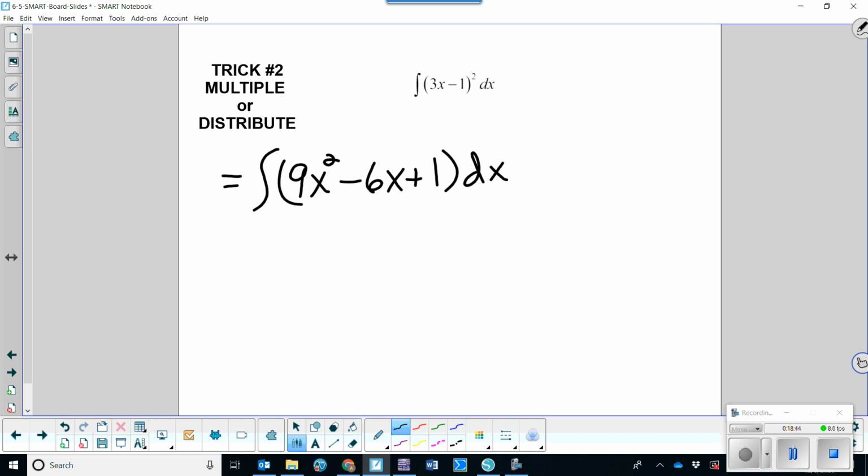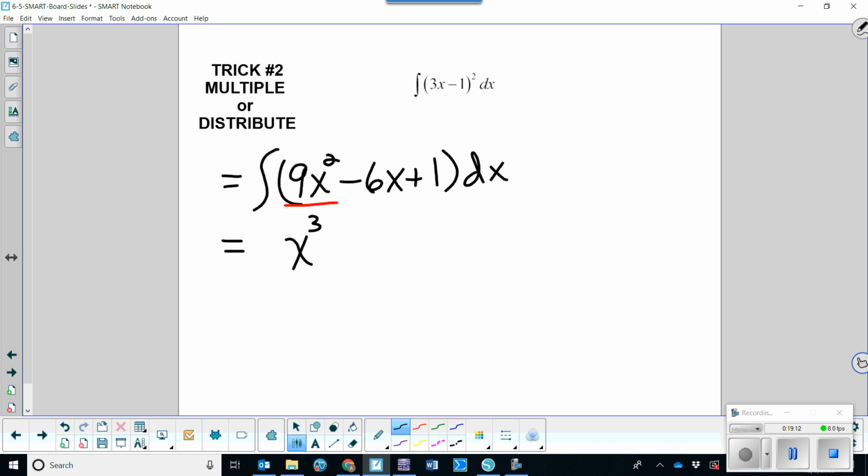If even for a moment you forgot about that middle term, make sure you practice that and really think about that carefully. Now I want to just do each antiderivative as I go across, and a plus c at the end. So first let's look at 9x squared. So our rule is add 1 to the power and then divide by the power.